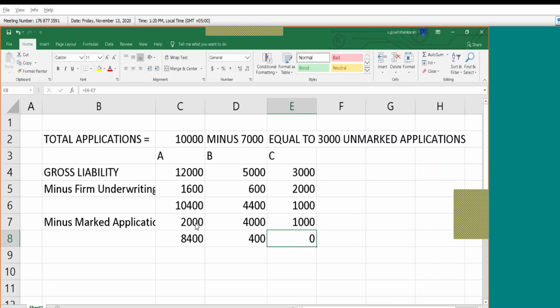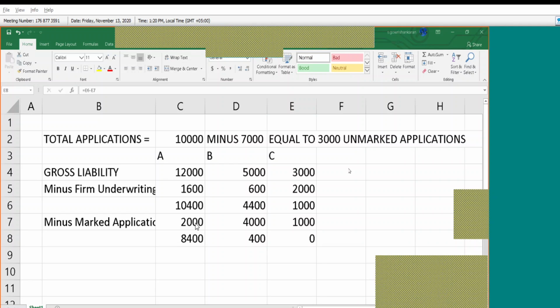So, what is the meaning of 0 actually? 0 means liability is already satisfied. C does not have any further liability. Correct or not? The gross liability is 3,000 and firm underwriting of 2,000 is already deducted, balance 1,000, marked application deducted.